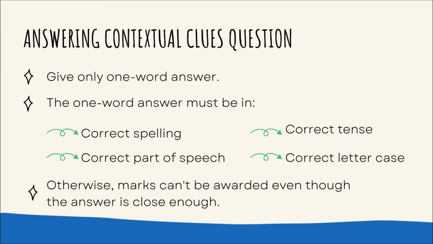And that one word answer must be in first, correct spelling, second, correct part of speech, third, correct tense, fourth, correct letter case. So it has to be in correct spelling, correct grammar, and correct letter case. If not, marks cannot be awarded even though the answer given is actually close enough.